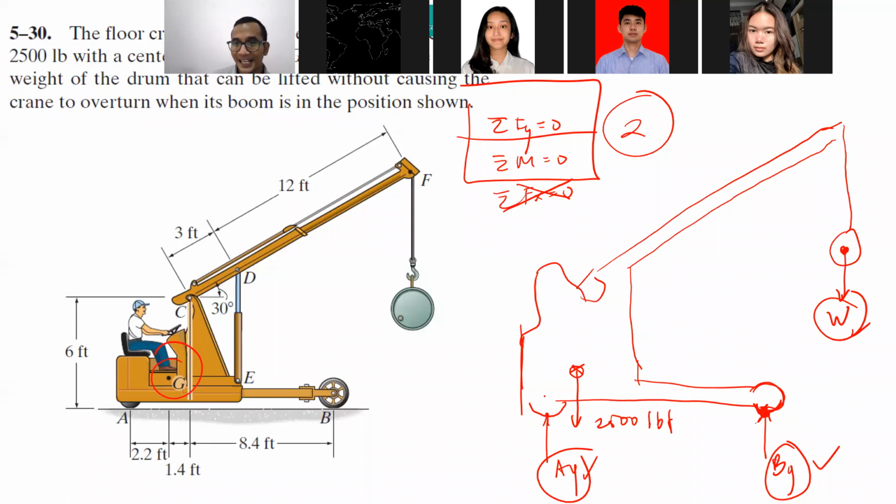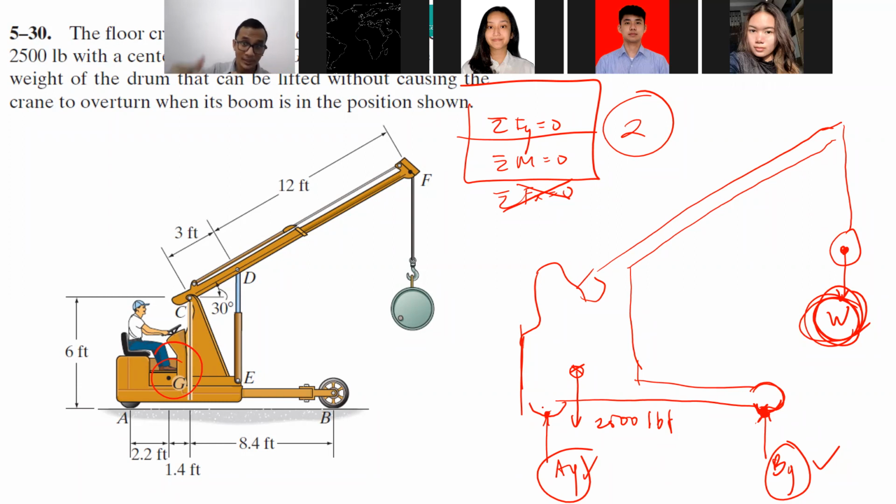We want to find the maximum weight at which the crane does not yet overturn. In that case, we have to make sure that AY is as small as possible and close to 0.